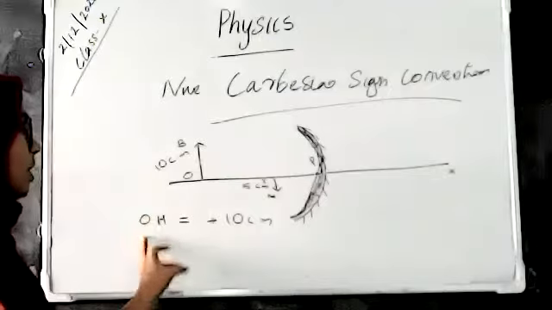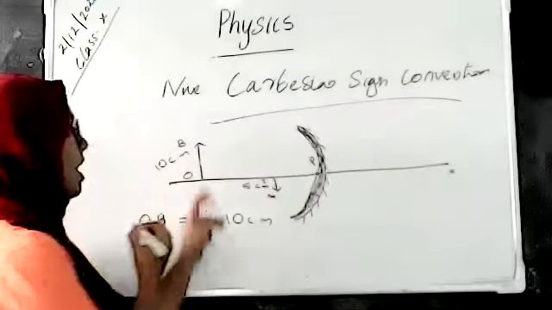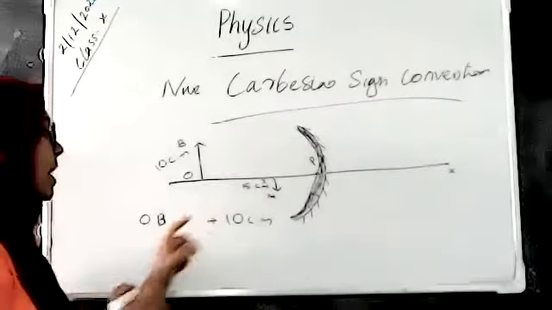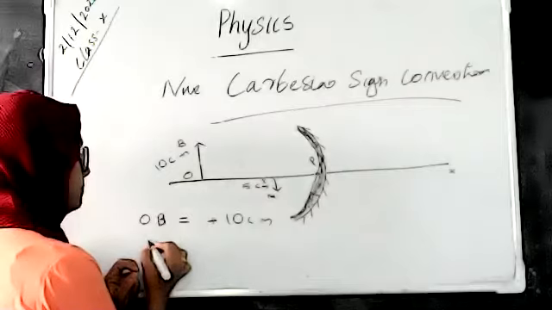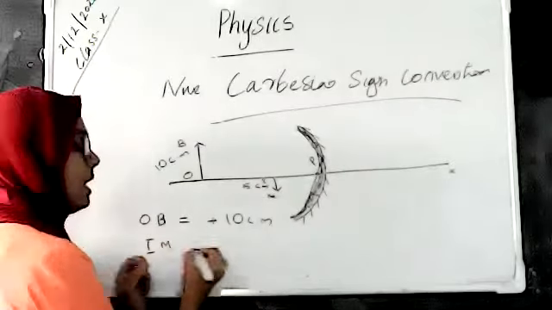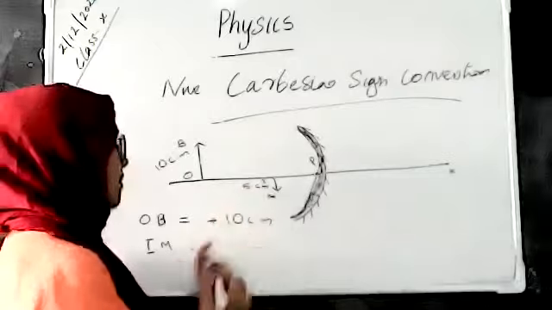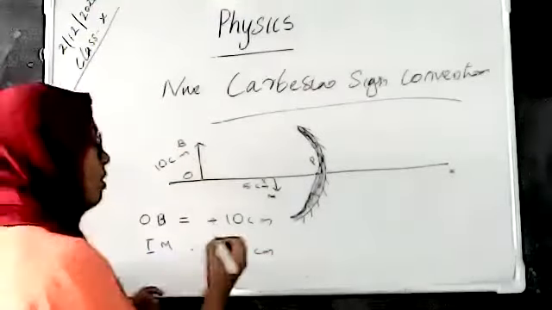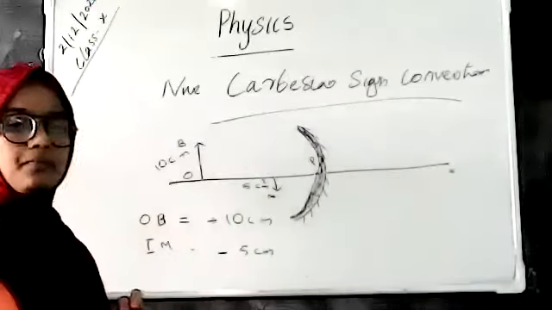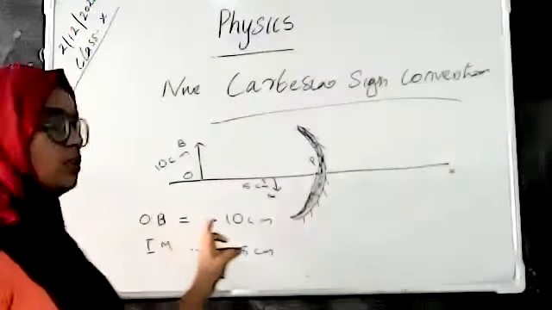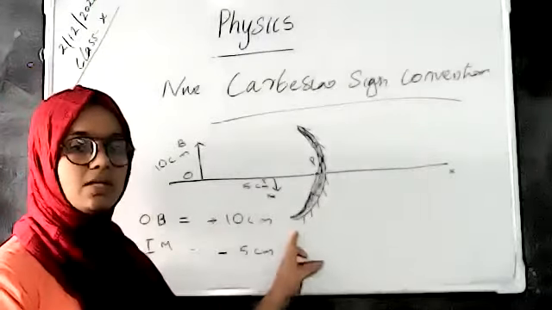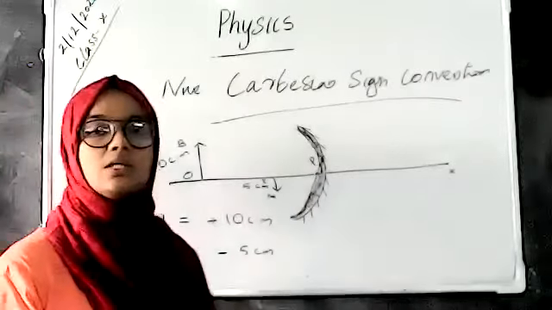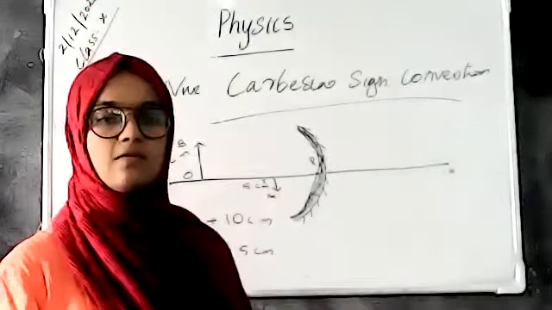So the height of the object OB is positive 10 centimeters. And the height of the image IM is equal to 5 centimeters, but it is in the downward portion, so we take the negative side. So the height of the object OB is positive 10 centimeters and the height of the image is minus 5 centimeters, based on the New Cartesian sign convention.